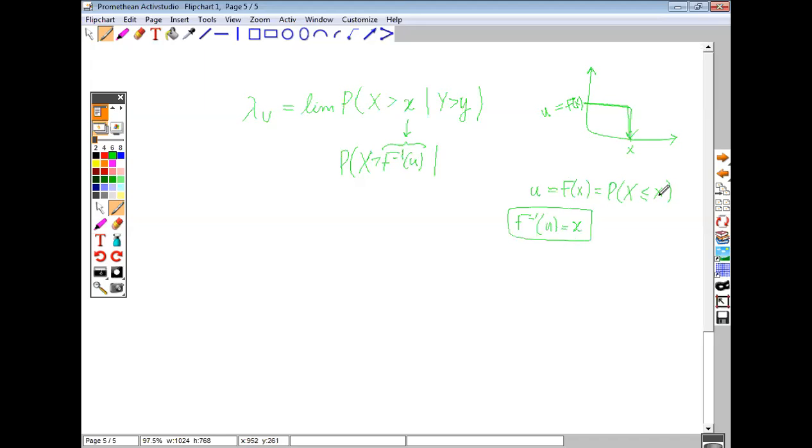Now instead of writing a small x here, I replace this small x with F inverse of u. Does this make sense now? Yes, ma'am, got it. So this F inverse of u is what I have here, and I've essentially replaced this x with this x, this x, this x here. So this is essentially the same thing.